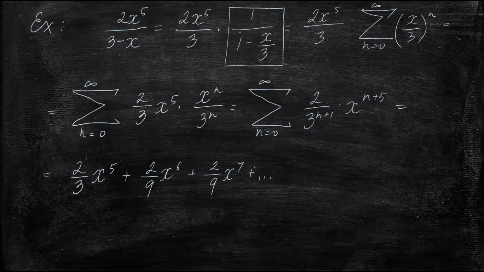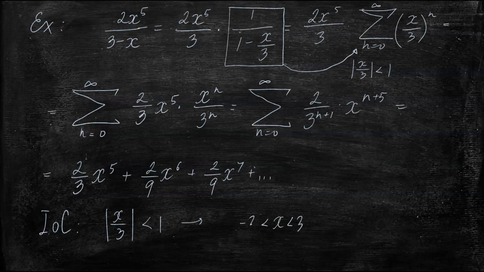And the presence of extra x to the power 5 doesn't affect how we find the interval of convergence, because the only thing we needed is the following inequality to be satisfied, which doesn't depend on whether you have x to the 5th or x to the 10th over there. So the solution of this inequality is x must be between -3 and 3, and this is the interval of convergence for this power series.